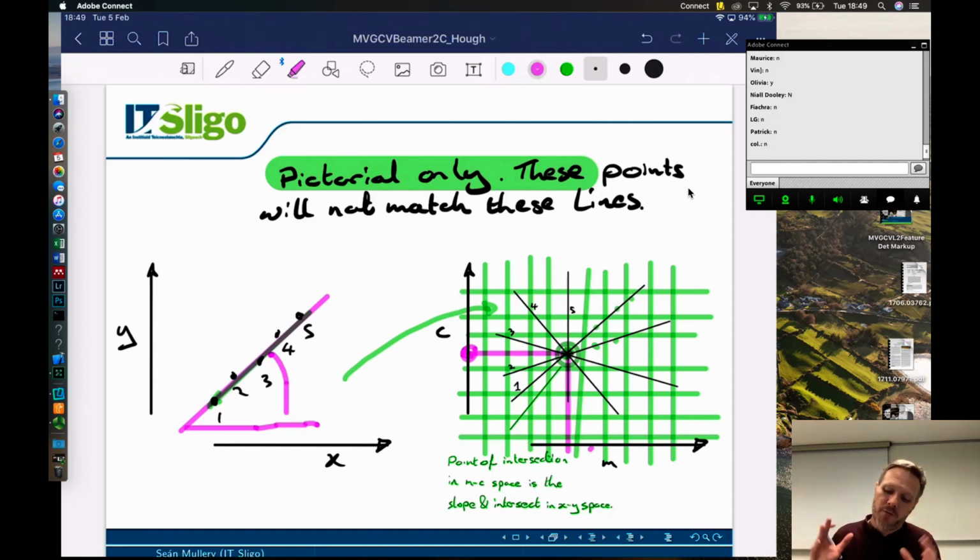If you have a very coarse grid, maybe like I've drawn here, then we're less sure of our M value and our C value, and so we might end up with the line not being perfectly placed.